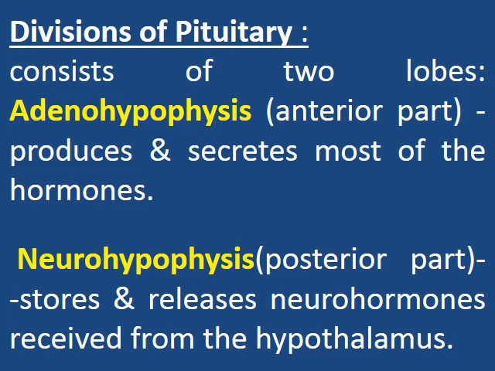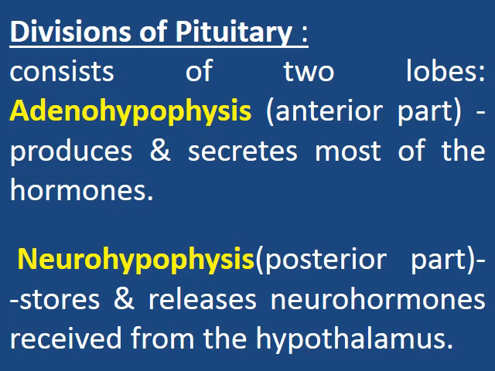Pituitary gland is divided into two lobes. These are adenohypophysis and neurohypophysis. Adenohypophysis, that is the anterior part, and neurohypophysis, that is the posterior part.